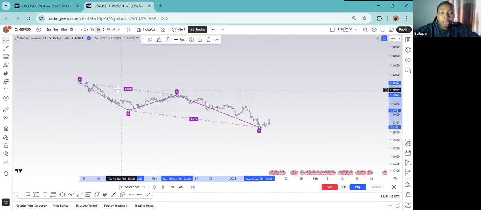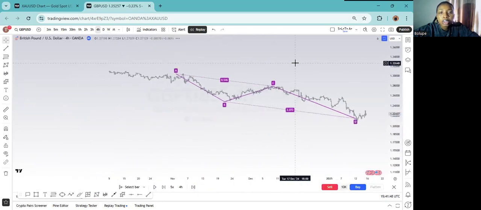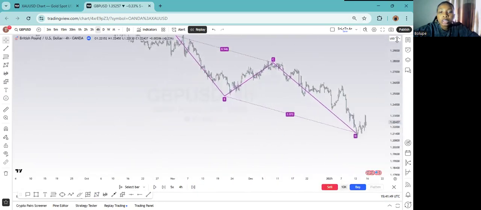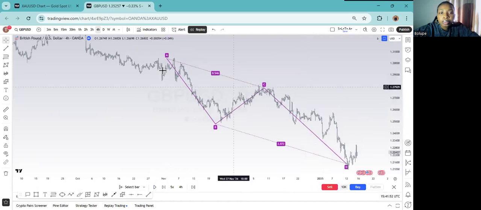Now on 4 hour, we're still going to look for this trend. You can see this straight movement on the daily time frame.